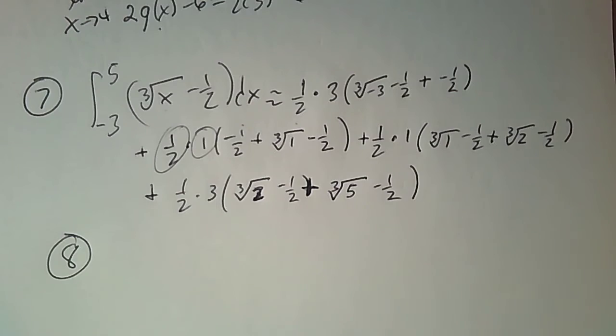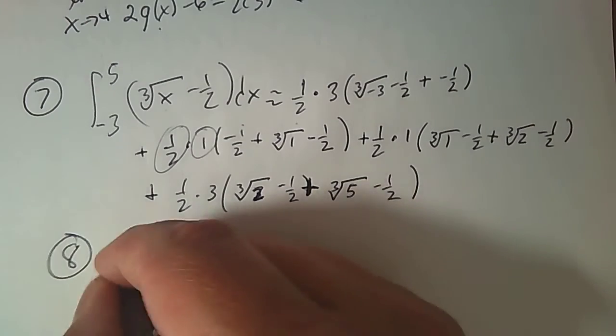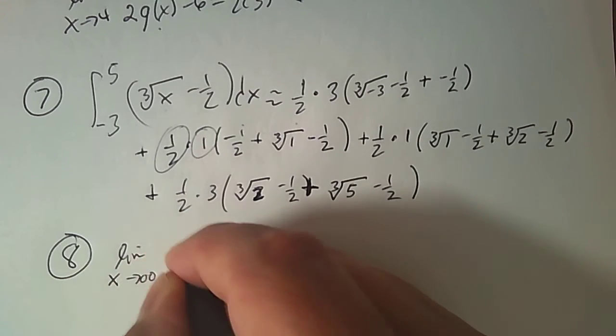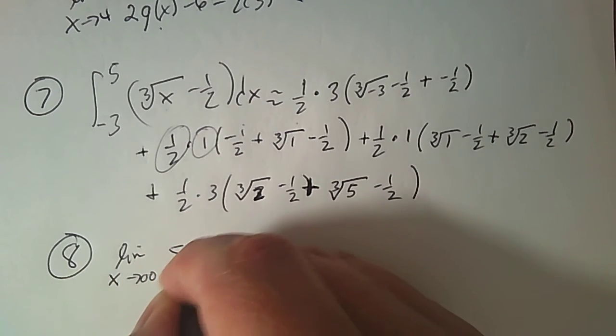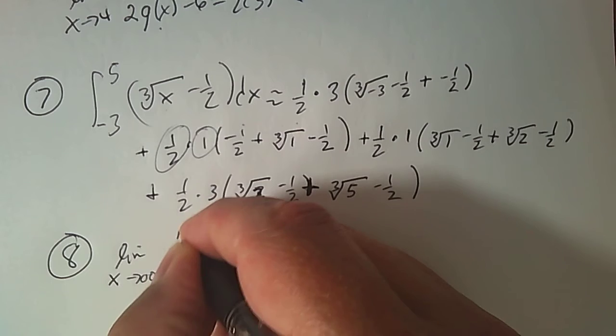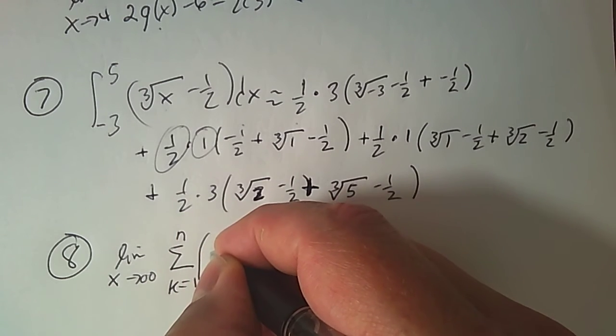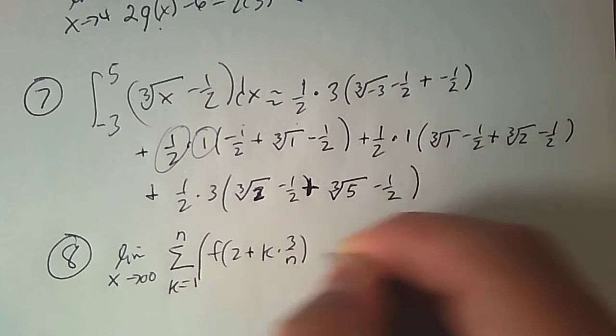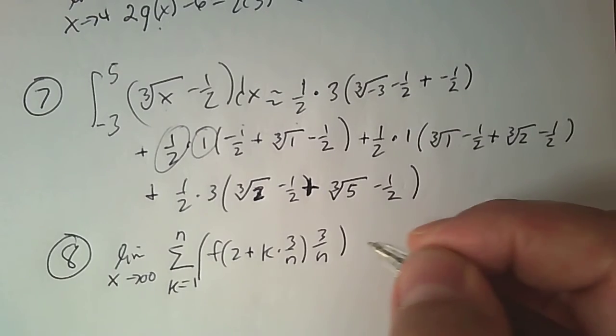I even feel like doing number 8 with you. But the limit as an infinite sum, a Riemann sum can be written as that. It's just ugly. Now, some things to look at.